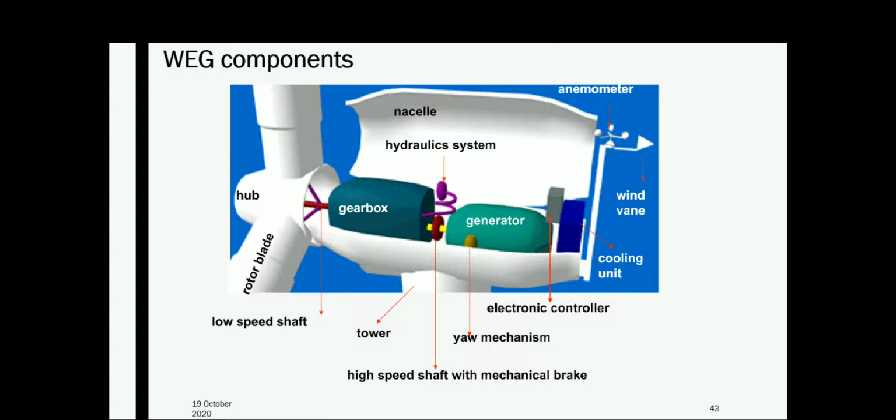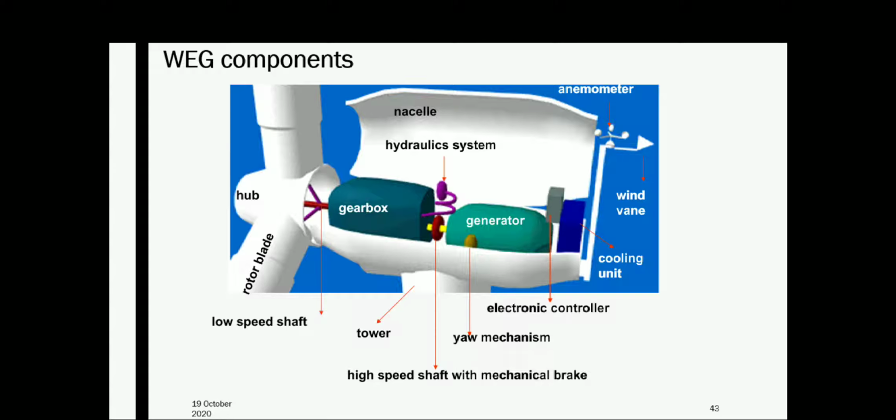Wind turbines may have a horizontal axis or a vertical axis configuration. The average commercial turbine size was 300 kilowatts until the 1990s, but recently many machines of large capacity, up to 5 megawatts, have been developed and installed.